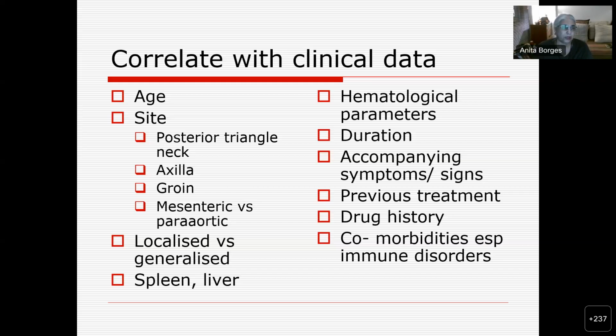You have the submandibular, you have the periparotid lymph nodes, you have the upper, middle, and lower jugular groups of lymph nodes, and then you have this area which is the posterior triangle, of which one of them is the supraclavicular lymph node. Now, it is extraordinarily important to know where in the neck this particular lymph node that has been removed comes from. If there is generalized lymphadenopathy, we need to know that.